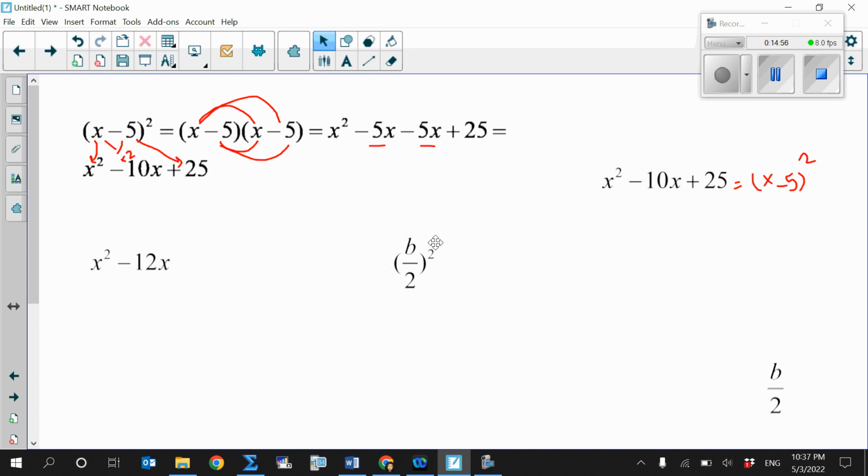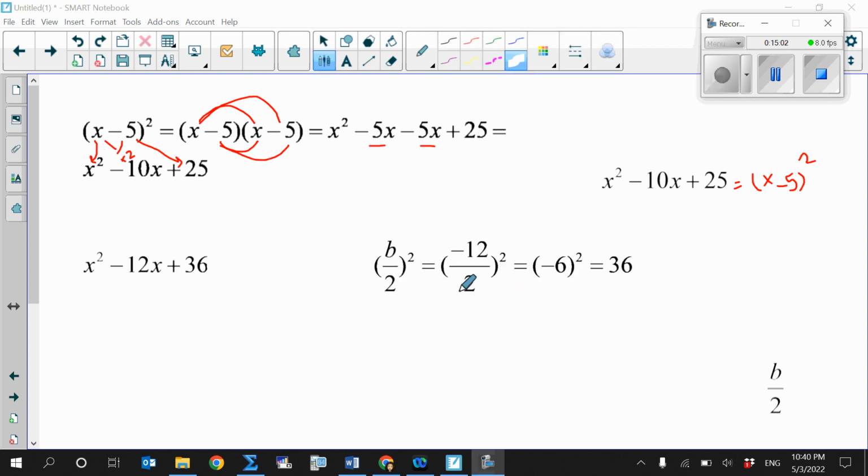Then raised to the power of 2 will be 36. Once again, b, which is negative 12, divided by 2 is negative 6, raised to the power of 2 is 36. So the third term that we are going to add is 36.